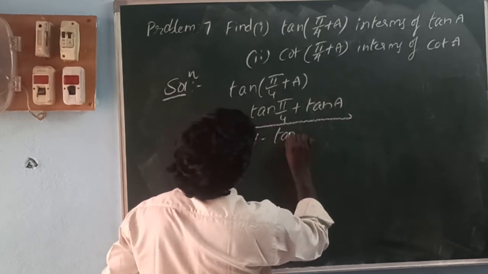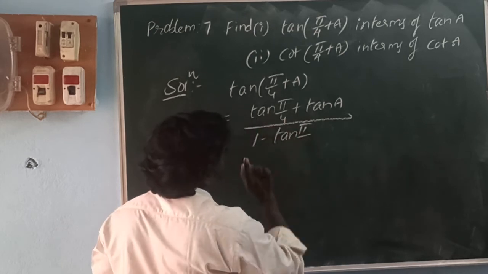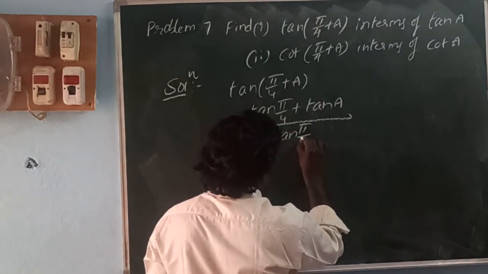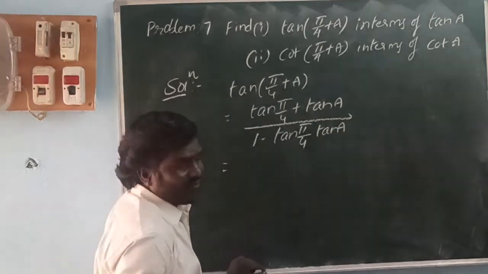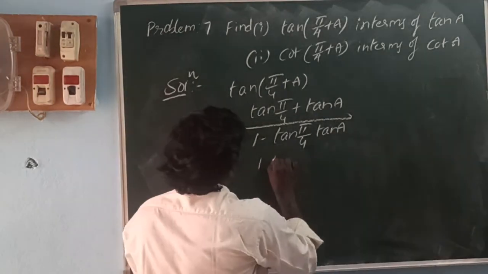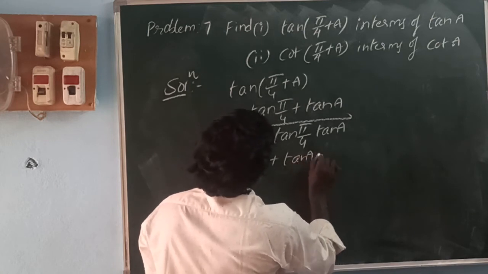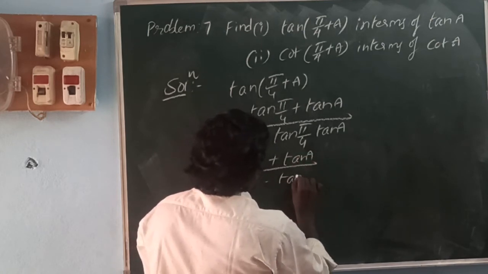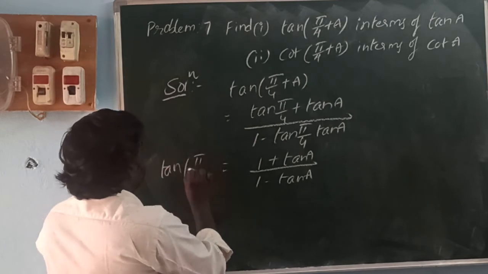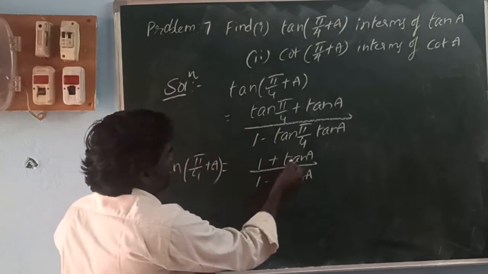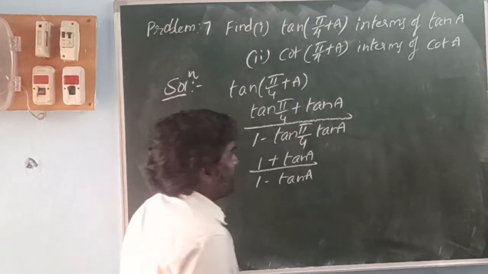That is tan pi by 4 plus tan a by 1 minus tan pi by 4 into tan a. So tan pi by 4 is 1. So 1 plus tan a by 1 minus tan a. So tan of pi by 4 plus a is 1 plus tan a by 1 minus tan a.